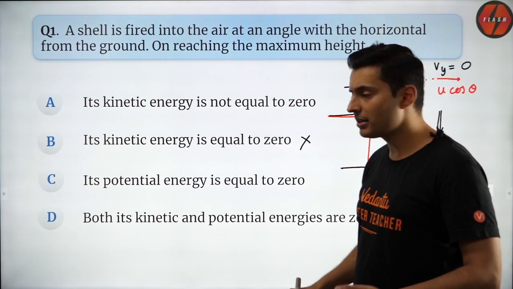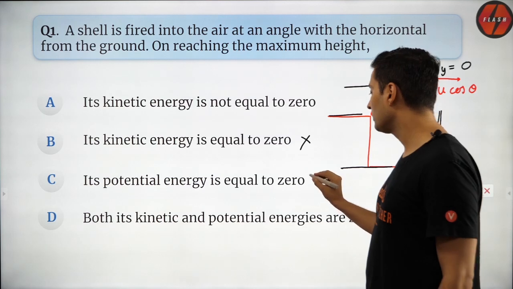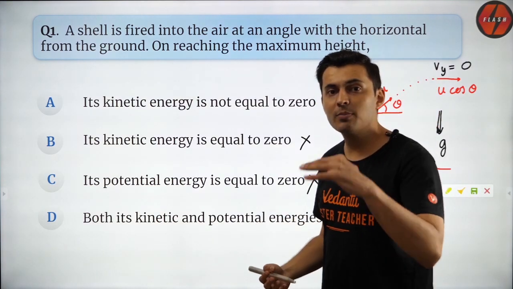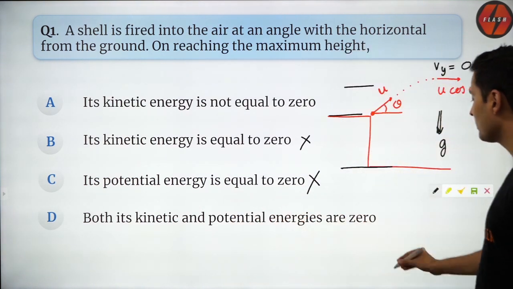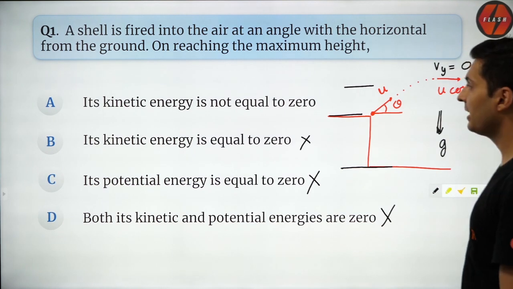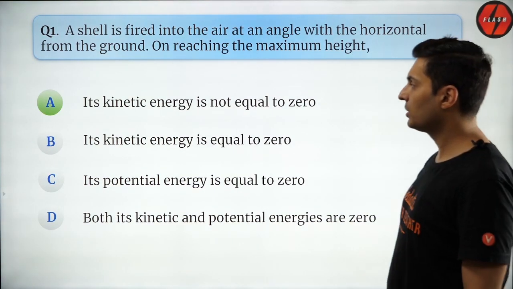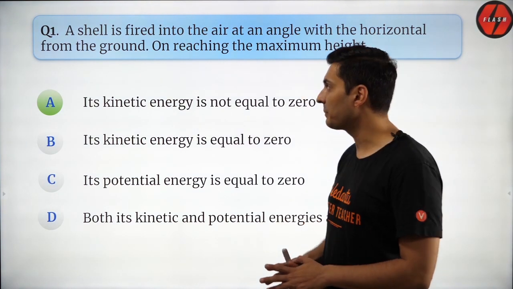It's totally your choice. So saying that potential energy is zero is wrong. Maybe zero, it's completely up to you which point you want to take as zero potential energy. Both energies are zero. Obviously this is wrong. Hence the only correct option is option A, and that would be the correct answer to this question. This was quite easy but quite conceptual at the same time.